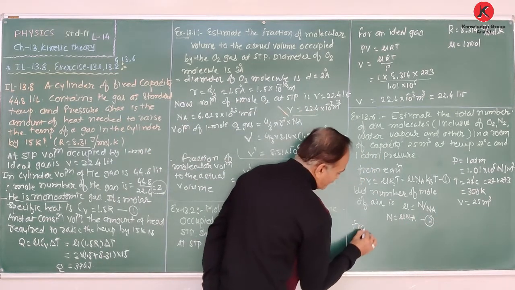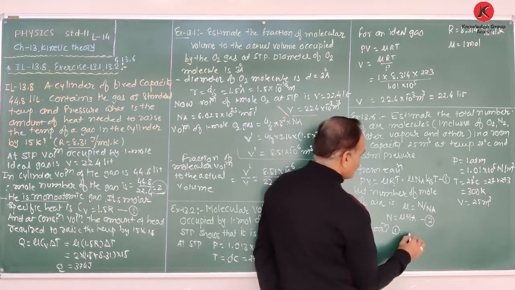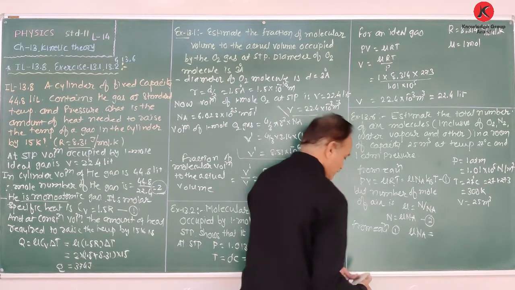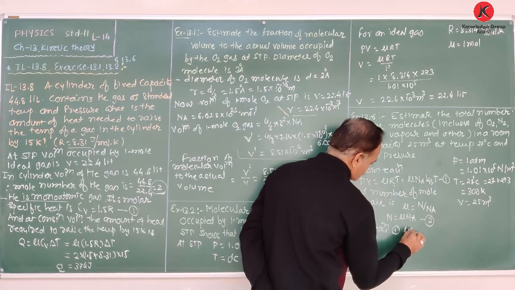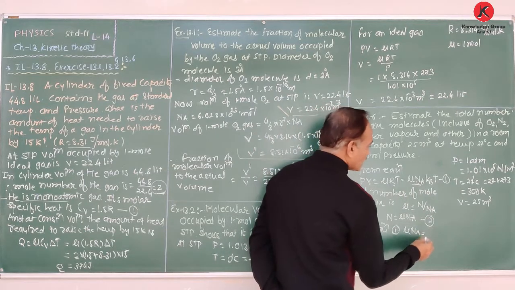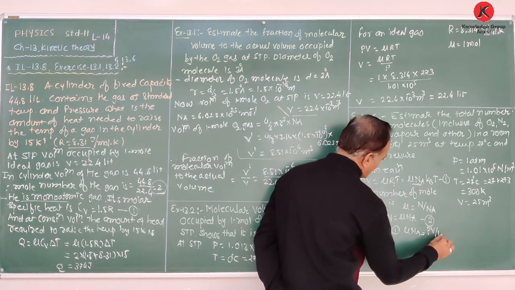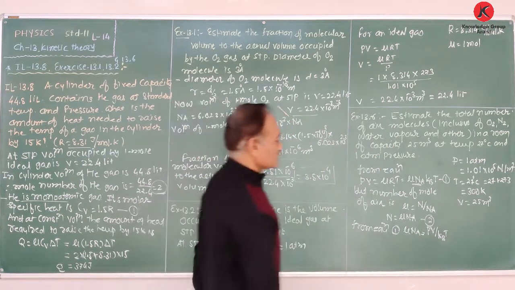From equation 1, mu into Na is equal to PV upon KbT. That is our equation number 3.